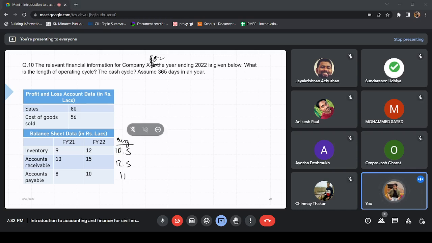What would have been happening is that initially you have 10 lakh cash. From this you bought 10 lakh of raw material. To this 10 lakh of raw material, you added 2 lakh of wages.